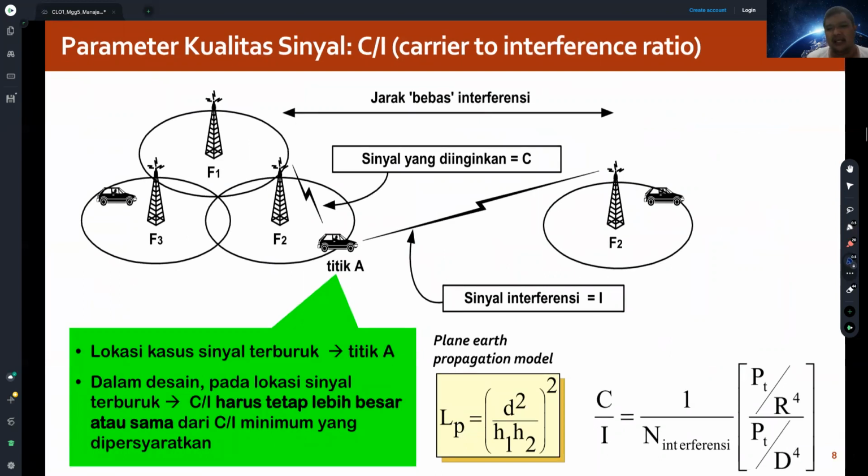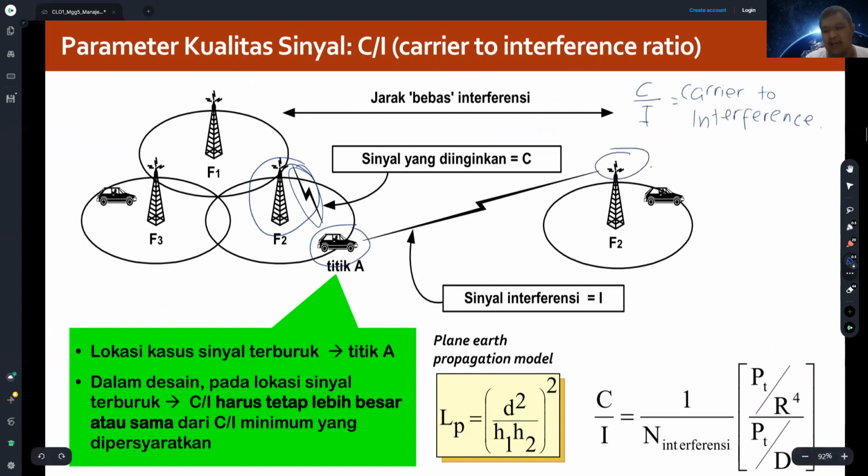Now we know that frequency reuse can be modeled using what we call C2I, or carrier to interference. Carrier is the power between the initial tower and the mobile station. This is the power of the carrier. While the interference is the unwanted power, the power that comes from the second base station that has the same frequency.